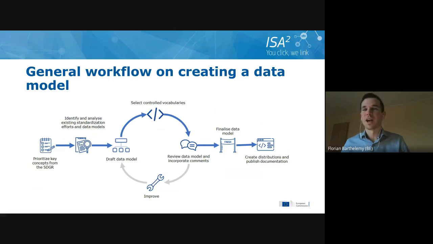Then we analyze and identify existing standardization efforts, like CPSV-AP and other core vocabularies. We draft a first data model, and then we enter into iterations where we can also discuss controlled vocabularies where relevant, for example, for policy codes.